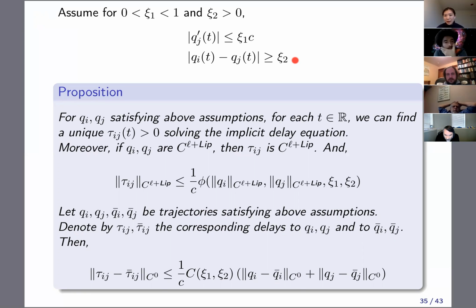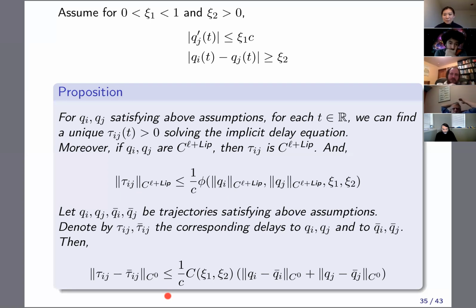So we are able to show that if these two assumptions on the trajectories are satisfied, then the delays satisfy the propagated bound assumption. We have some control on the C^(l+Lipschitz) norm of this tau ij by the C^(l+Lipschitz) norm of the trajectory. And it also satisfies the C0 Lipschitz condition.